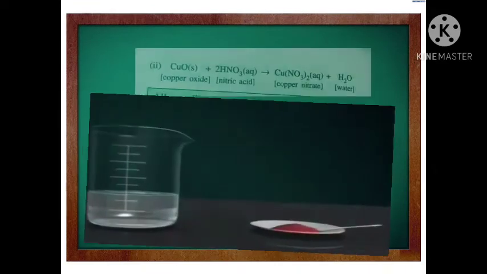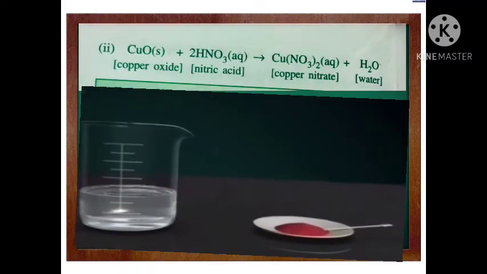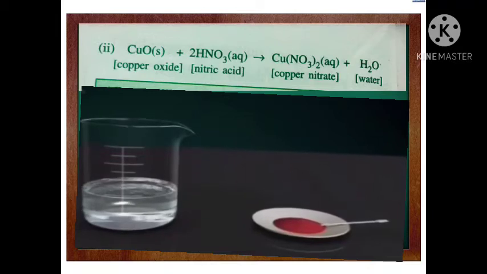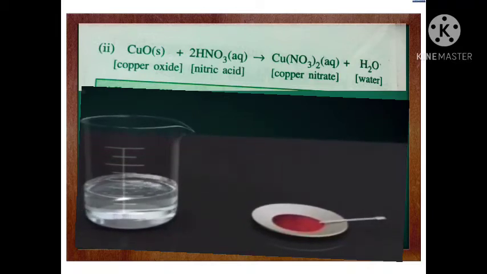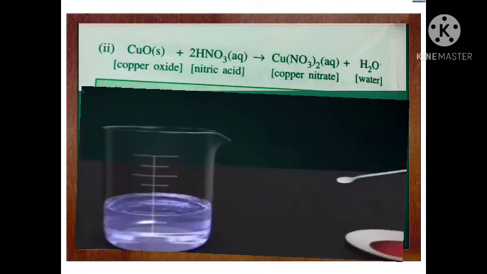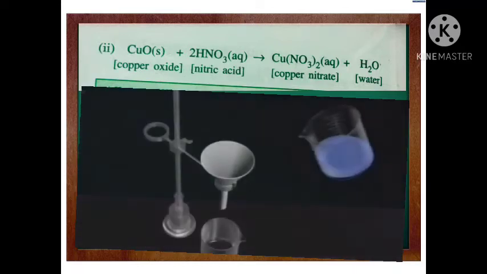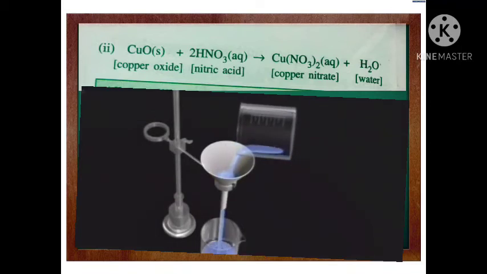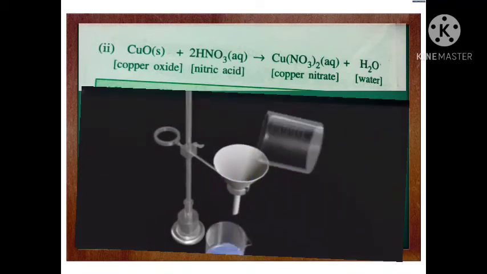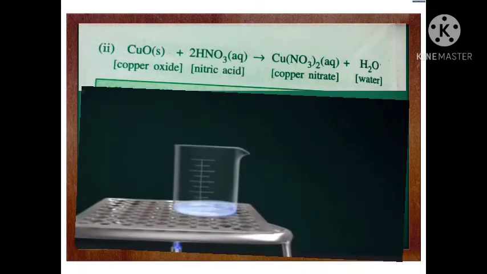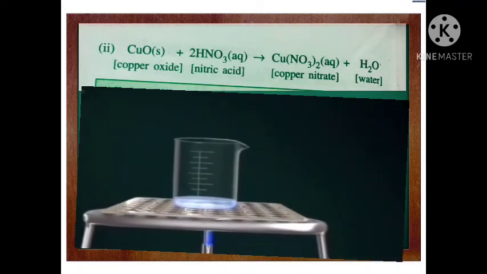The next reaction is between the basic copper oxide and nitric acid. The excess amount of copper oxide we can filter. The chemical reaction between copper oxide and nitric acid gives copper nitrate, an aqueous salt, with water.